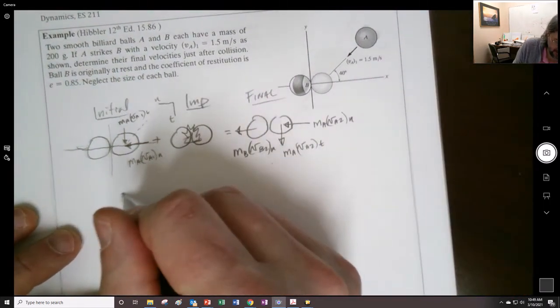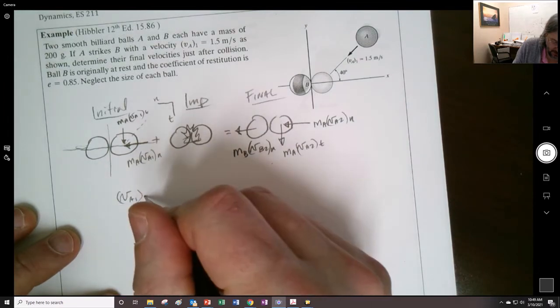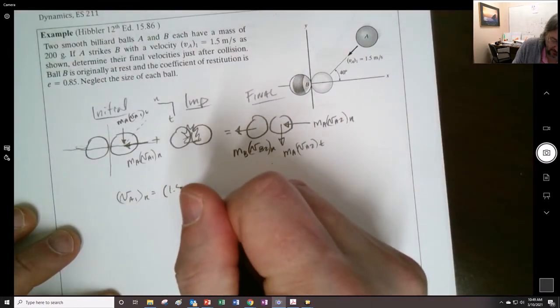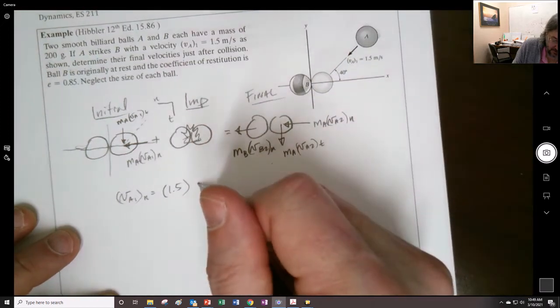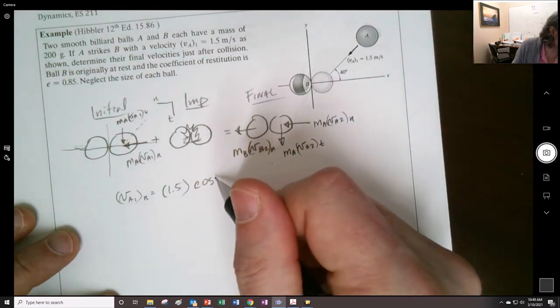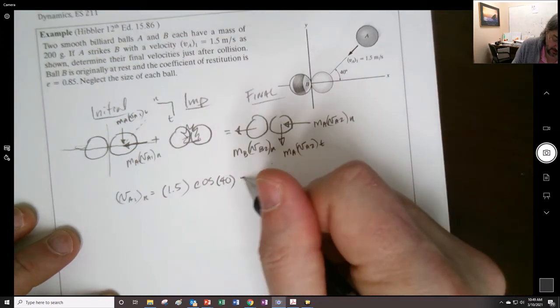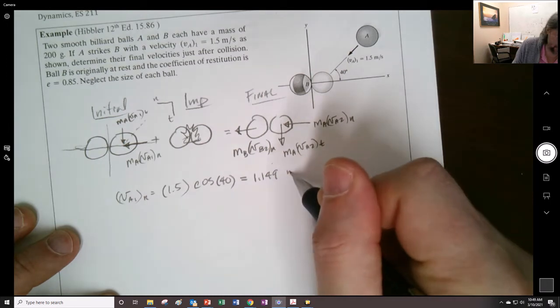So let me do a little preliminary stuff. Let me say that my VA1 in the normal direction is going to be 1.5 times the cosine of 40 degrees. And that ends up equaling 1.149 meters per second.